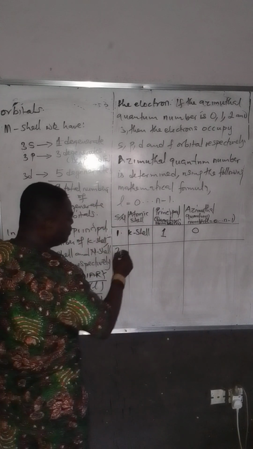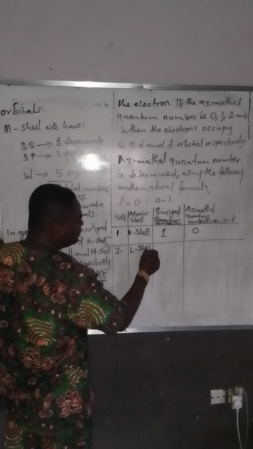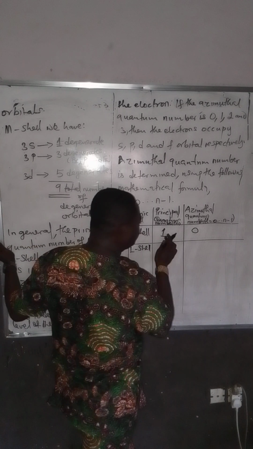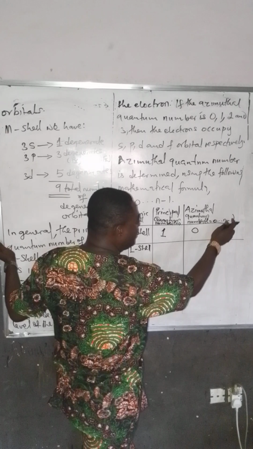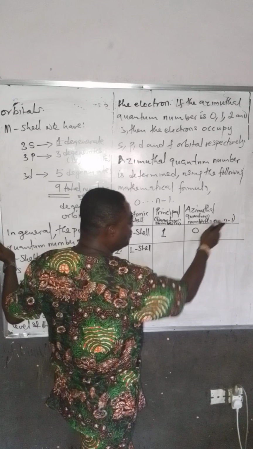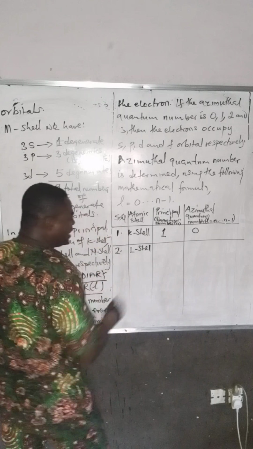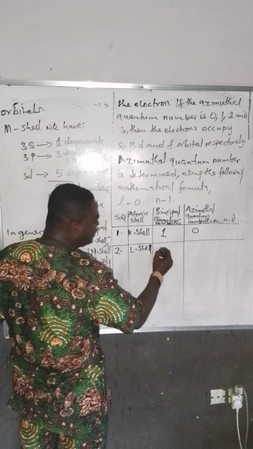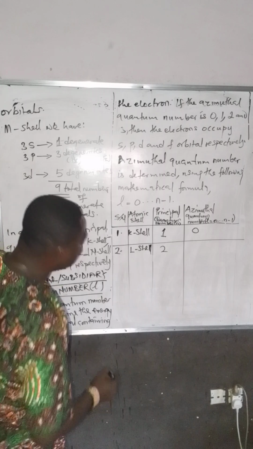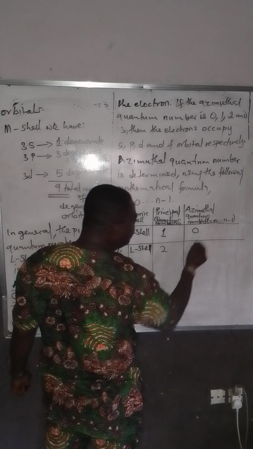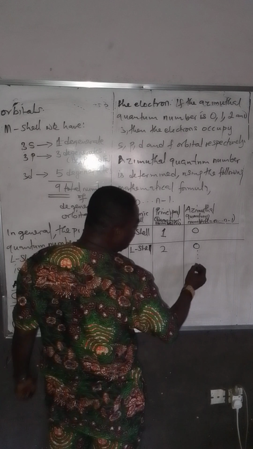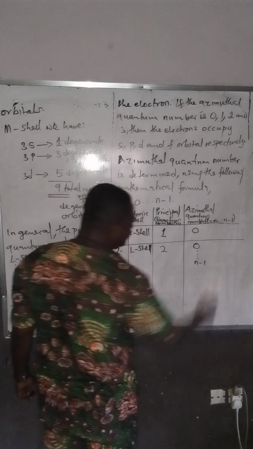Number 2 is the L shell. How did I get 0? Your n is 1. Put 1 inside here. 1 minus 1 is 0. So no need of putting 2 zeros. Now the L shell, principal quantum number is 2. Azimuthal must begin with 0 until it gets to n minus 1.